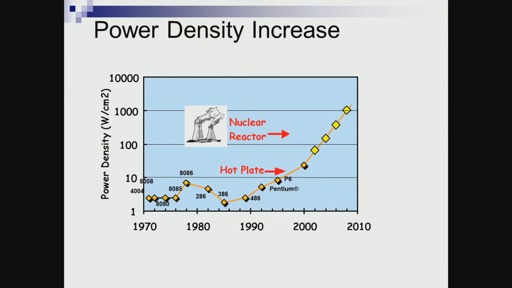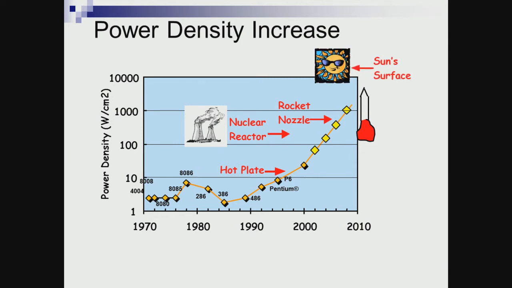Because of that, your temperature starts increasing. If you had allowed the trend to continue, we would have reached a nuclear reactor by around the mid 2000s, then a rocket nozzle, and almost the sun's surface by 2010.